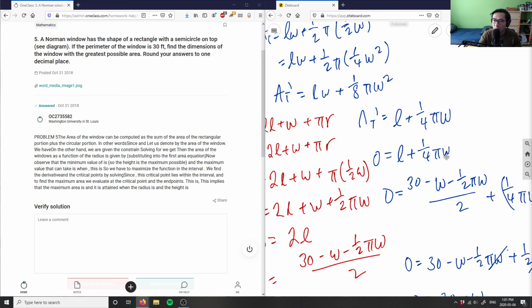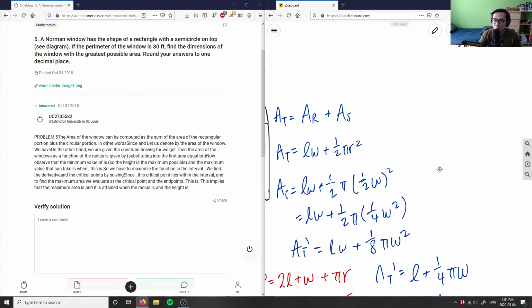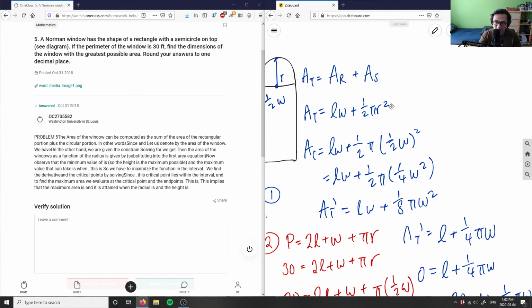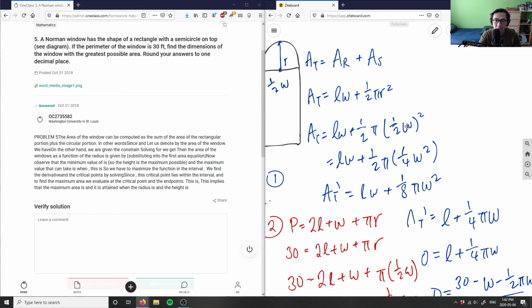The area of the semicircle is half of pi r squared, and r is half of width, which here, if I squared both of those terms, I would get 1/4 w squared. I multiply half by 1/4, and this would give me 1/8 pi w squared here.